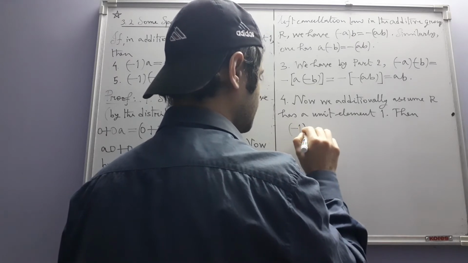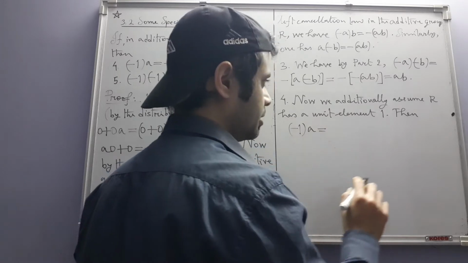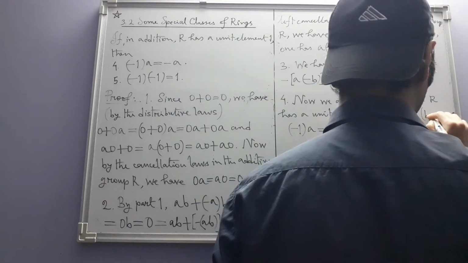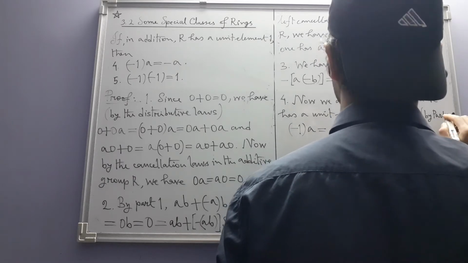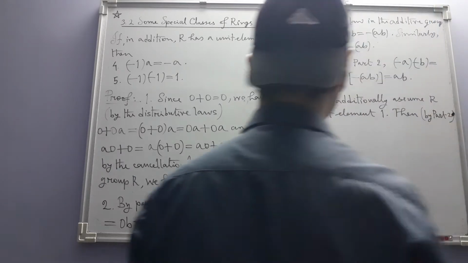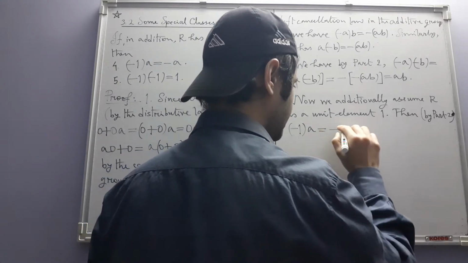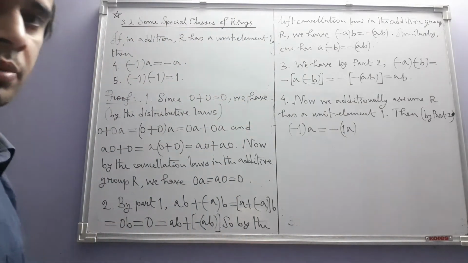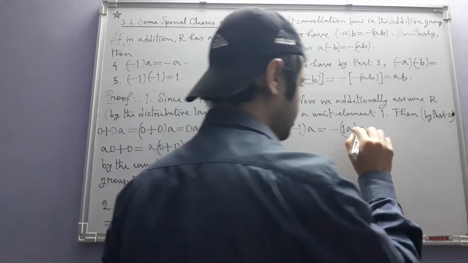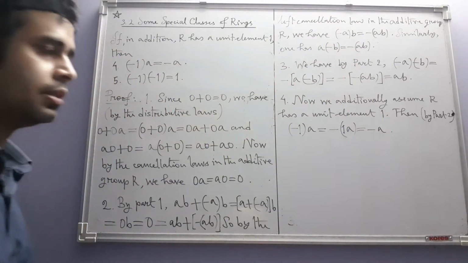Minus 1 times A is equal to, then again by part 2, minus 1 times A is minus, that means the additive inverse of 1 times A, and since 1 is the unit element, 1A by definition of a unit element is A. So that's how we get this.